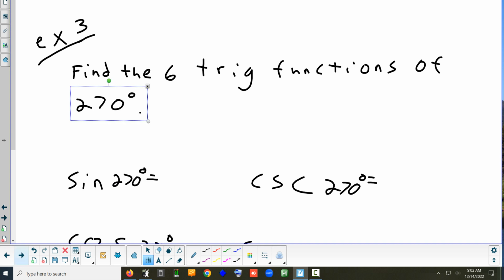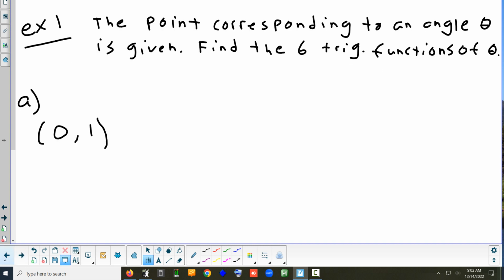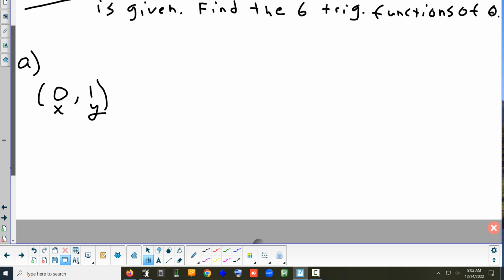You need the coordinate first. Maybe you can get the coordinate from the angle, but that's what you need. Okay, so we have the coordinate, so step 1 is already done. That's x, that's y. So we're going to fill them into the 6 trig functions and find all 6.